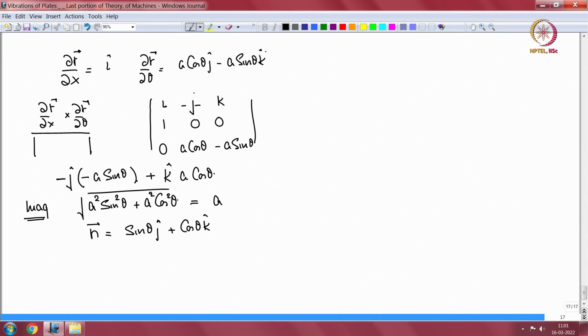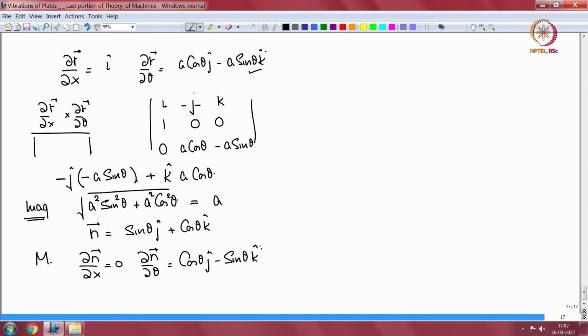Okay, so now we have to check for m. So we have del r del x and del r del theta here. Del n del x is equal to 0, and del n del theta is equal to cos theta j minus sin theta k.